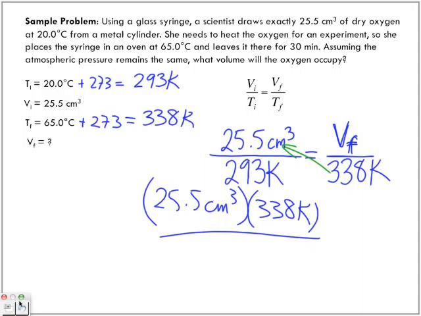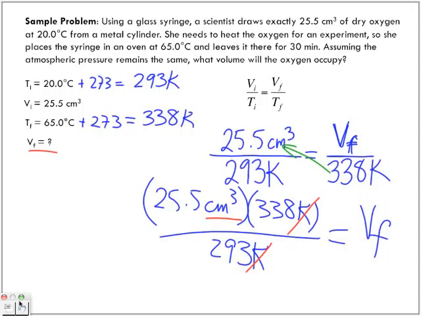The denominator on that side remains the same, and we've just isolated for our final volume. So we're going to multiply the top two now. Notice here what units cancel out. Kelvin cancel out, and our units will be in centimeters cubed, which are the actual volume units.